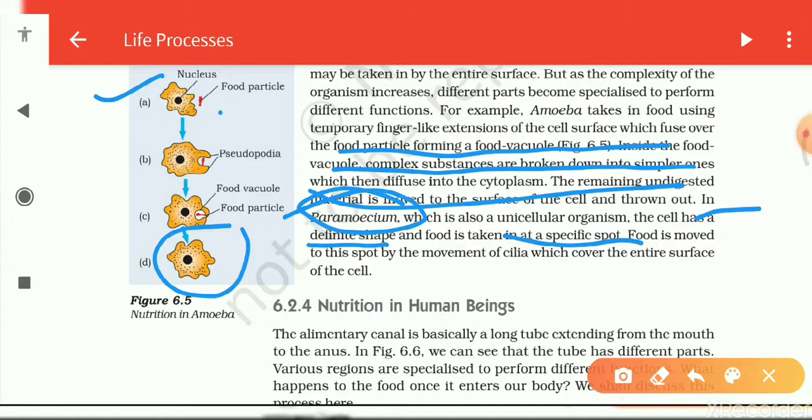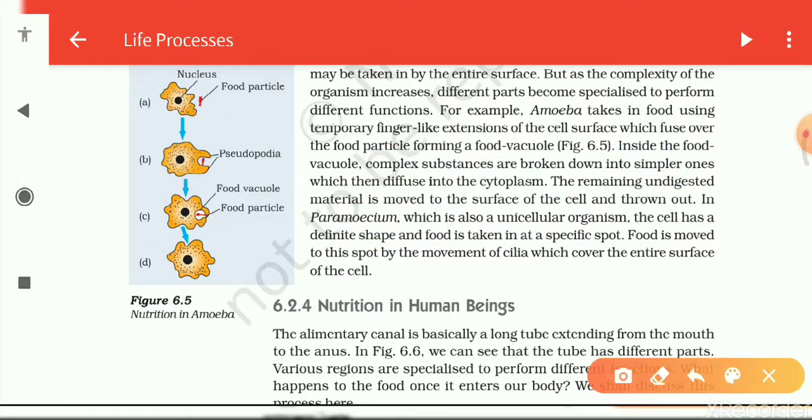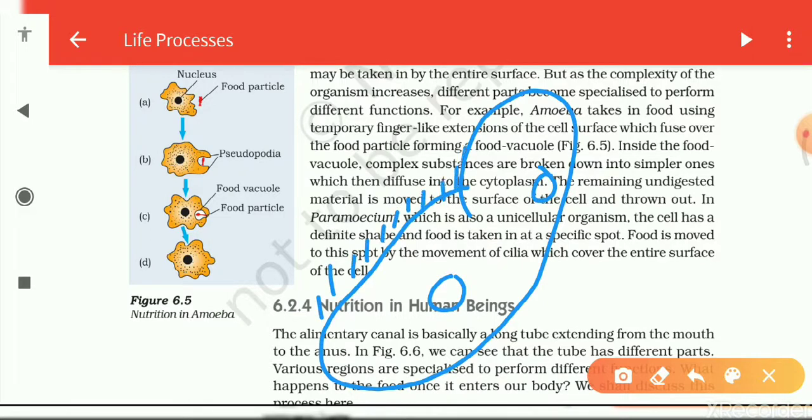Food is moved to this spot by the movement of the cilia, which cover the entire surface of the cell. In a simple way, paramecium, which you have seen in class, has a slipper-like shape, and its entire surface is covered with cilia. This cilia helps in the movement of the body and in taking the prey also.